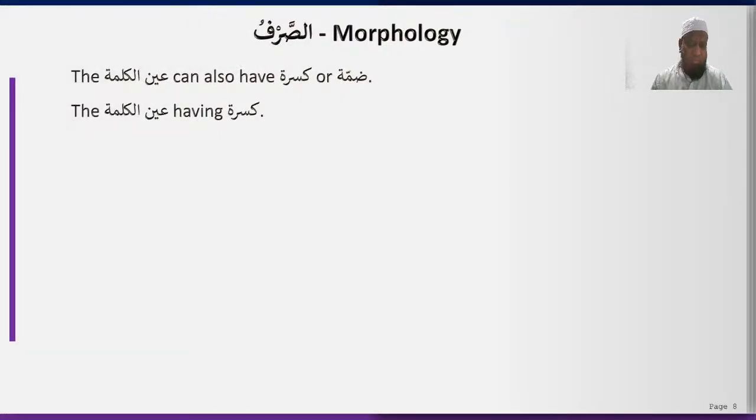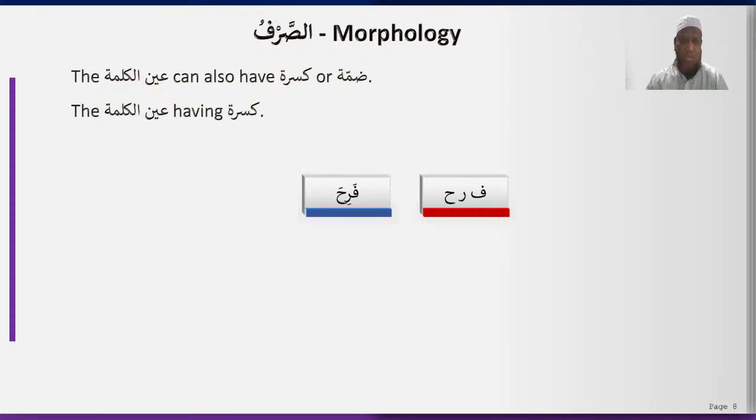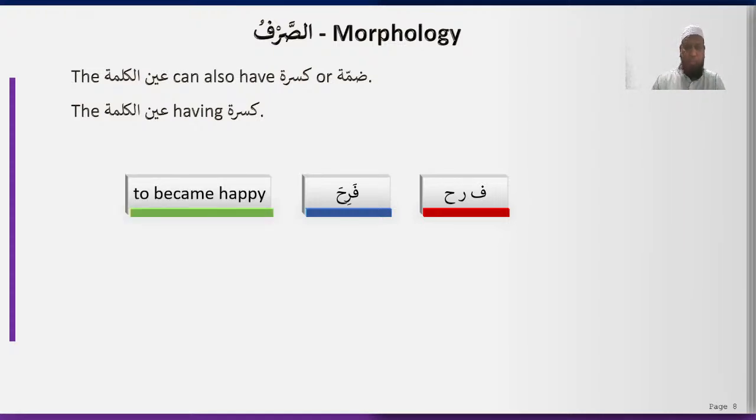Now let's look at some root letters and change the aynul kalima to kasra. Fa, ra, ha. We cannot change the fa'ul kalima, which always has a fatha. The lamul kalima, the last letter, always has a fatha. It is only the aynul kalima. So we'll put a kasra, and it becomes fariha, to become happy.